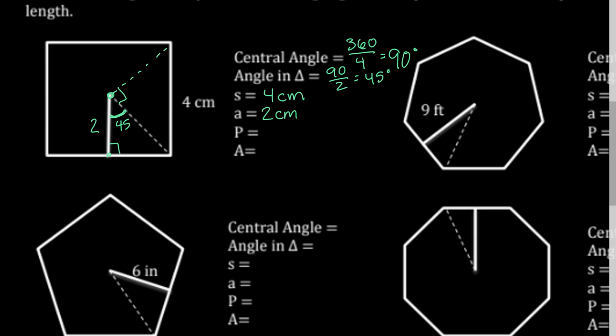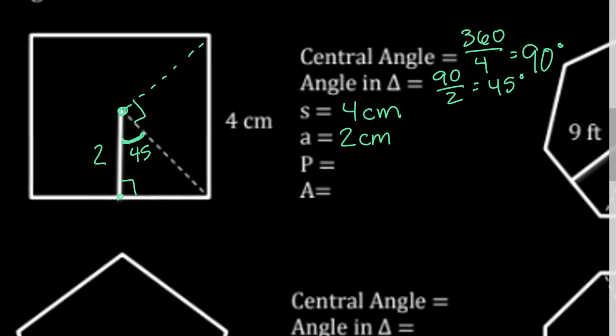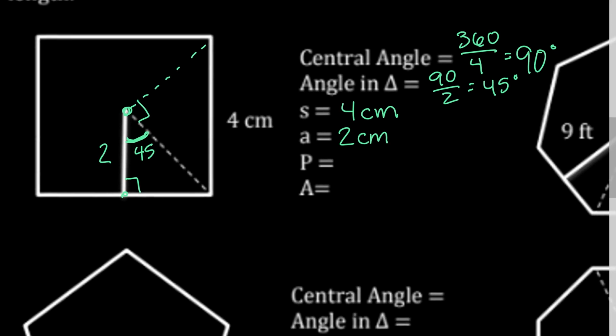Now, how do you find the perimeter of this square? Yeah, 4 times 4, which is 16. And the area is going to be, now we can either use length times width, which we know works on squares, but because we're trying to, on this whole page, find the area of polygons, let's use our polygon formula, which will also work.